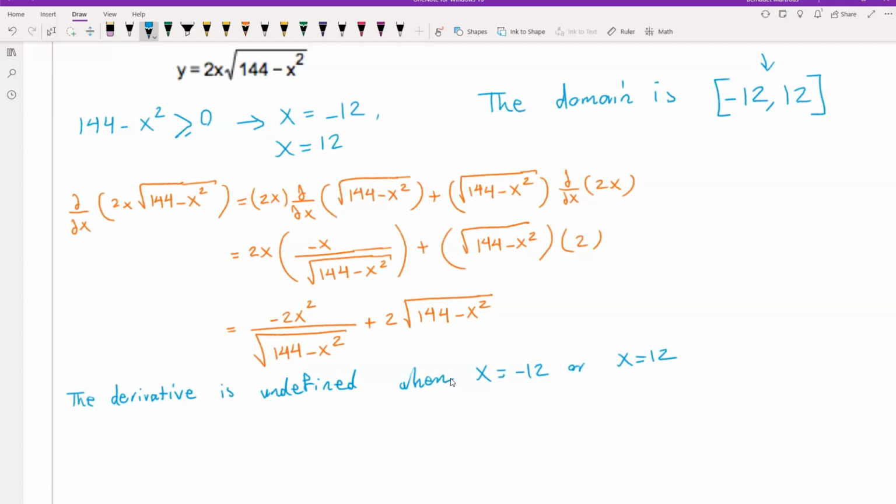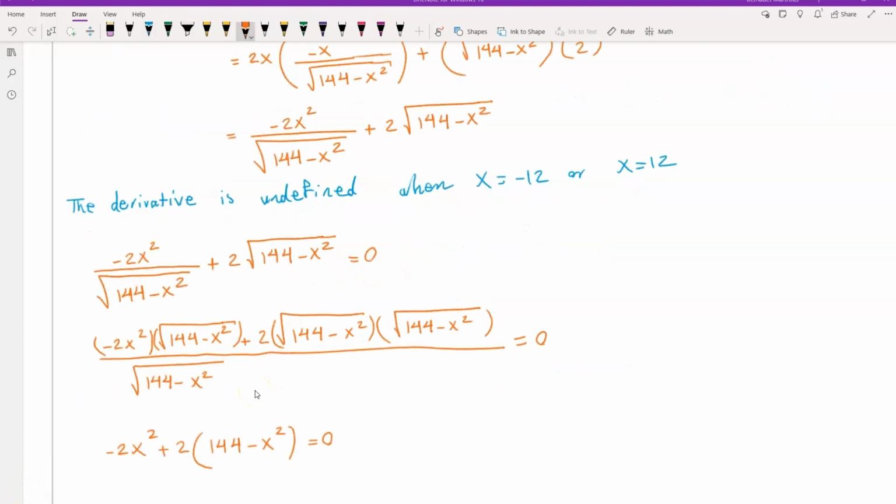The derivative is always undefined at domain endpoints because there is only a one-sided limit, while the derivative requires a two-sided limit. Since critical points must be in the interior of the domain, there are no critical points where the derivative is undefined. But we can find critical points where the derivative is 0.